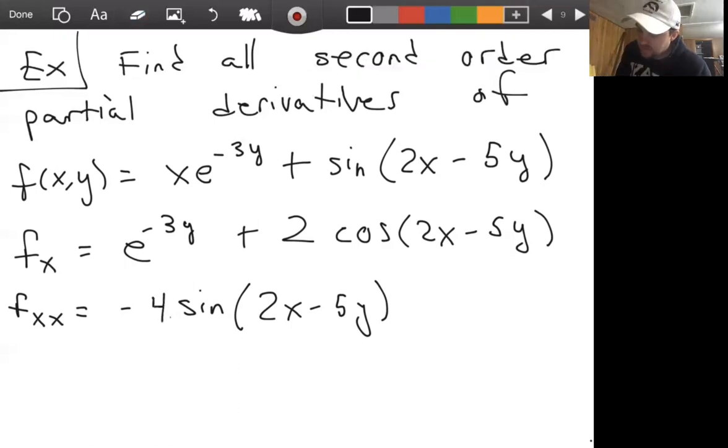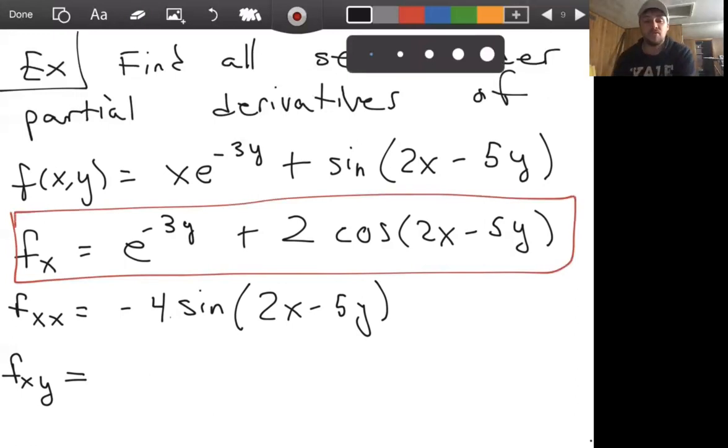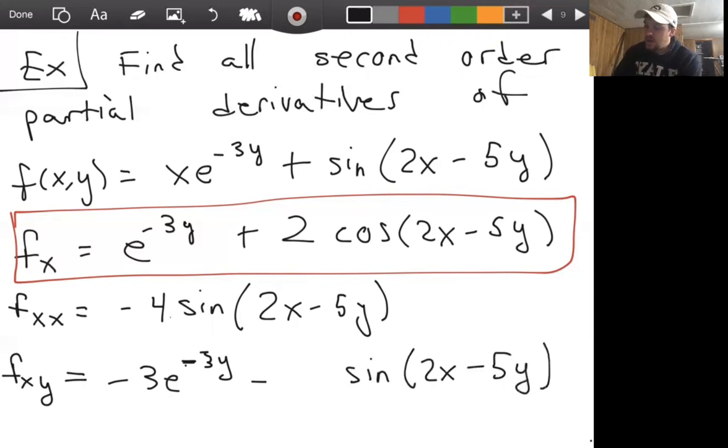And then what's the other second order partial derivative for f sub x? Well, it's f sub xy. This is f sub x, so this is what we're taking the partial derivative of with respect to y. For the first term we get negative 3 e to the negative 3y, and then minus sine of 2x minus 5y because of the chain rule, and the derivative of the inside with respect to y is negative 5.